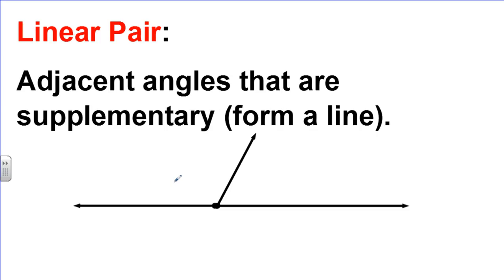And if you have two adjacent angles that are together and they do form a straight line, they are called, and I talked about this before a couple slides ago, a linear pair. So let's write what a linear pair would be.